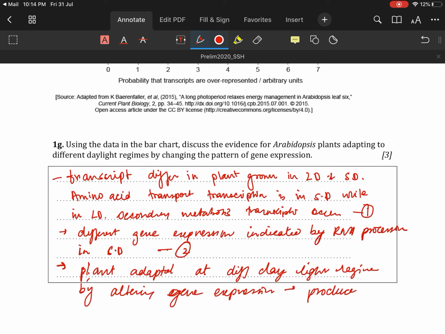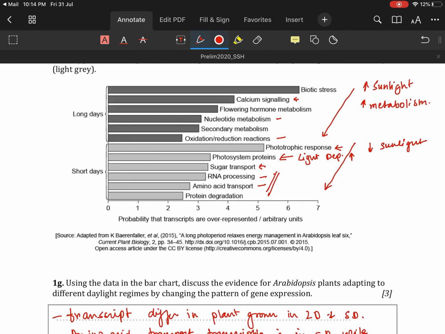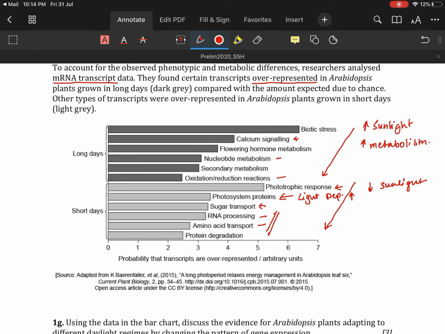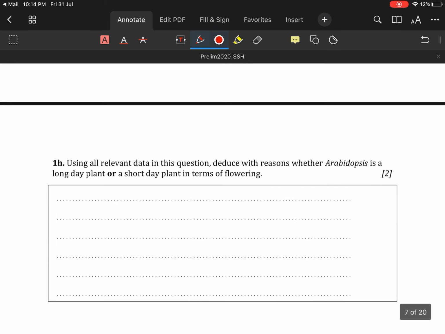So produce more leaves in short day, or larger leaf in long day. So if there are larger leaves in long day, which may result in more transcript for biotic extracts or more transcript for calcium signaling, any one thing you can put as third mark.